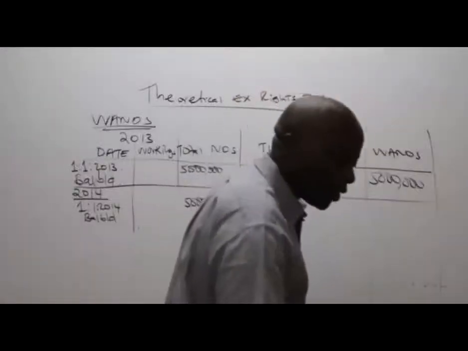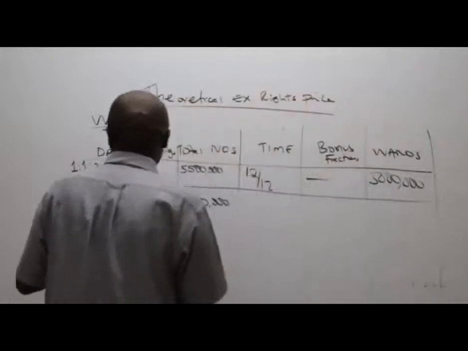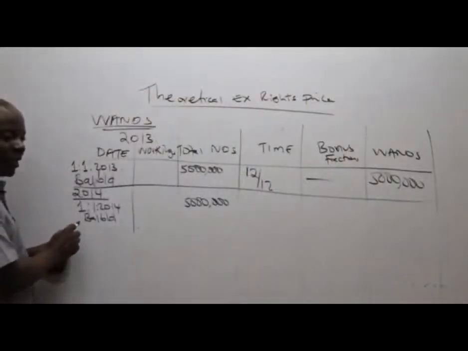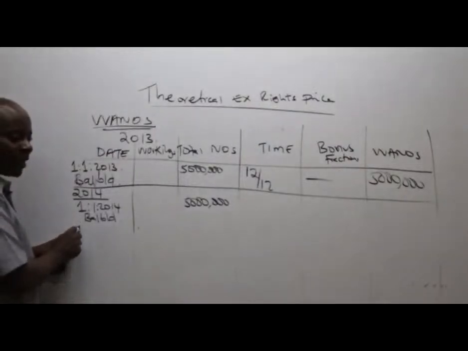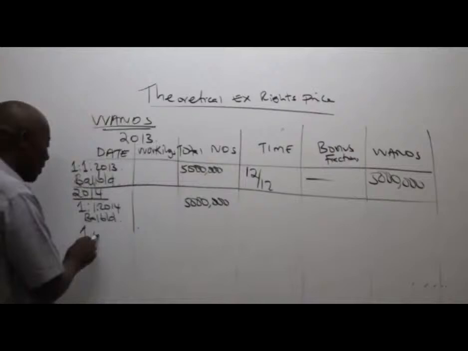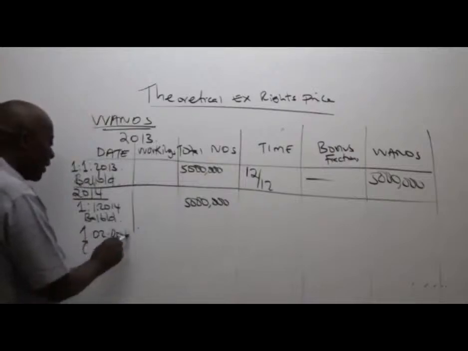So we have a very important date. Can somebody remind me, what is the date of the rights issue? 1st February. 1st February 2014, we had a rights issue.